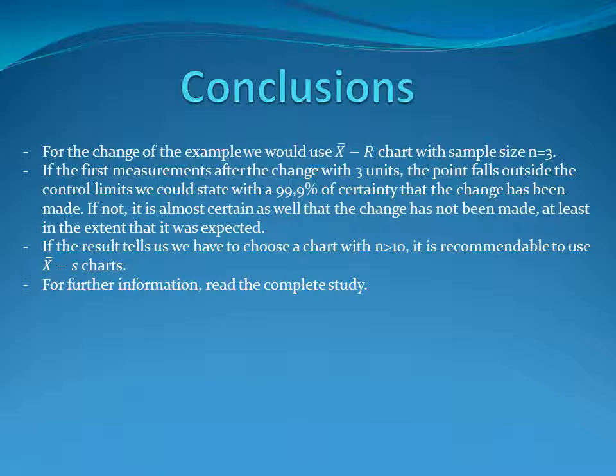This can also be used to choose the correct size of the subgroups of the chart in order to detect this kind of adjustments or changes, for example to prevent our process from being incapable of meeting customer expectations.